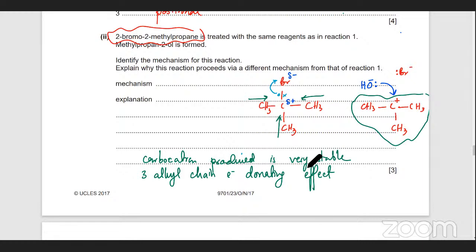तो इसके मार्क्स देख लेते हैं कि और क्या लिखना था इसमें. तो आप बस पॉजिटिव चार्ज डेंसिटी के बारे में एक पॉइंट लिख लो कि or I think it's just 2 marks. ठीक है, 1 mark for the mechanism, so probably 2 points for this.